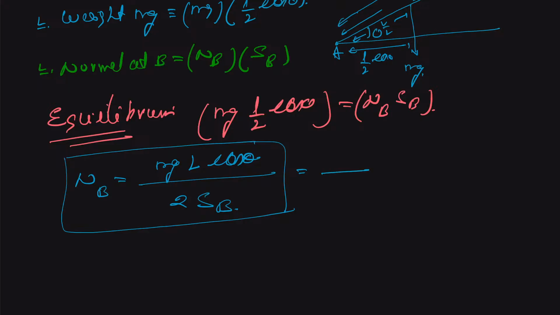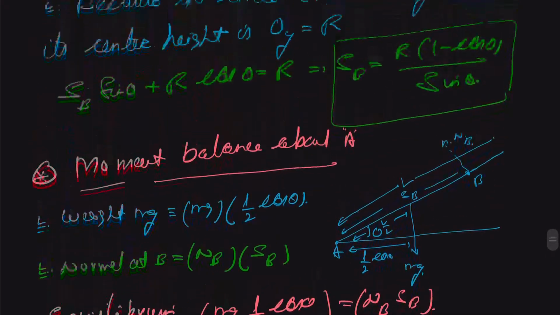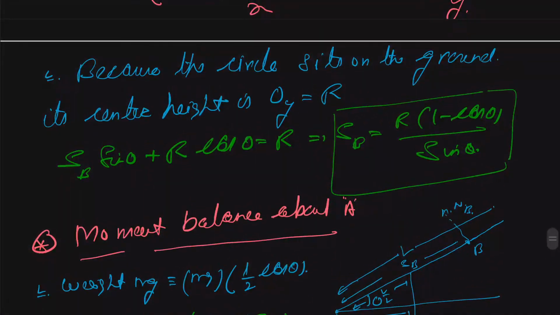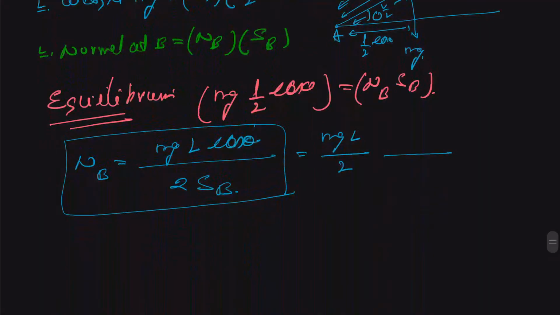So we can write this as mgL upon 2, and S of B is r1 minus cos of theta, and it comes as sine of theta and cos of theta. So this is our normal at B.